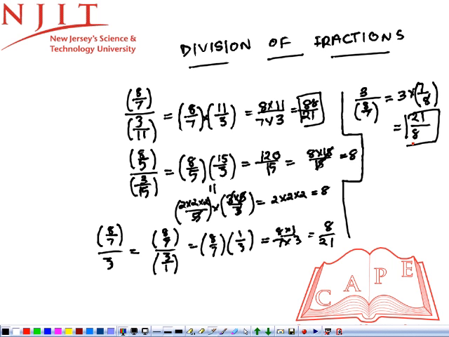Sometimes you have problems where you have three or four fractions in the numerators and denominators and the multiplication gets very complicated. For example, if you have 8 over 3 multiplied by 15 over 4, divided by 16 over 25 times 2 over 3, which is a really complicated problem.